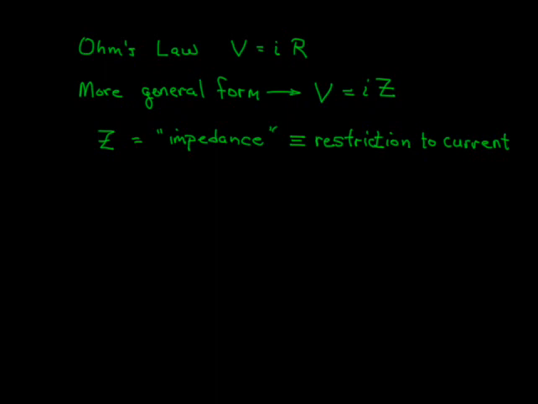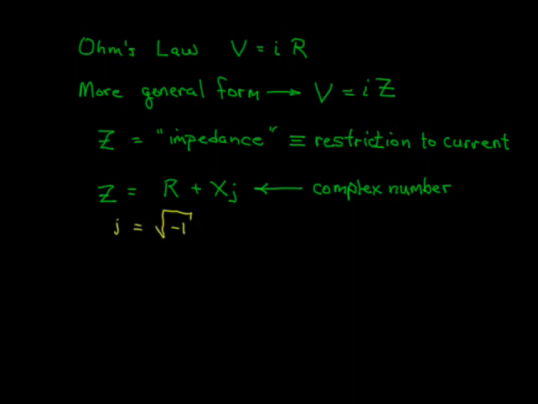In order to model the time-dependent aspects of electronic devices, impedance is defined as a complex variable and one that is a function of frequency. Here we're using j to represent the square root of -1 instead of i to keep from confusing it with current. So the impedance has a real part and an imaginary part.